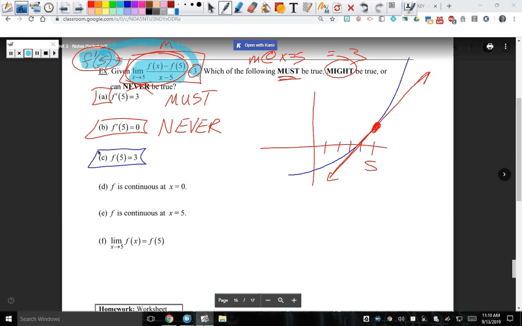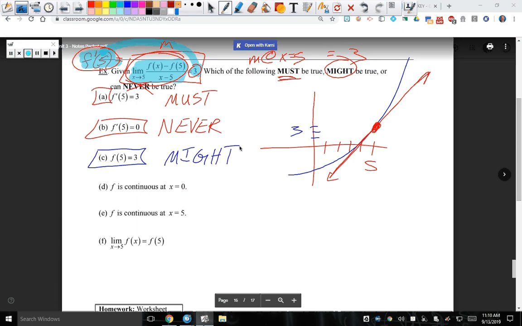Because if all this occurred at 1, 2, 3, and this was totally by luck, but right there, I did show a graph that the y value was 3, but it doesn't have to be there. I could still have this whole entire graph shifted up 10 units. And the slope is still 3. So this is a what? Might.